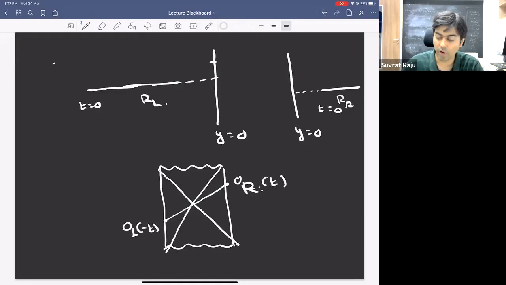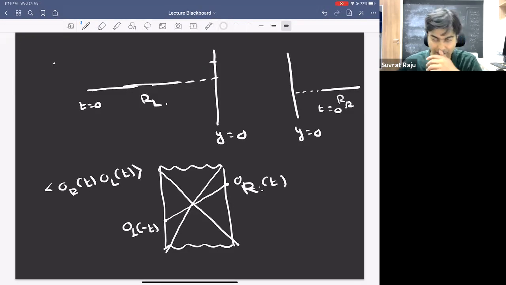And so if you were to ask what is the correlator OR of t, OL of t, where you make t positive on both sides, it would tend to decay with time. Let's think of entanglement in terms of Bell correlators. You have some operators here and some operators on the other side, and how much entanglement do you have?